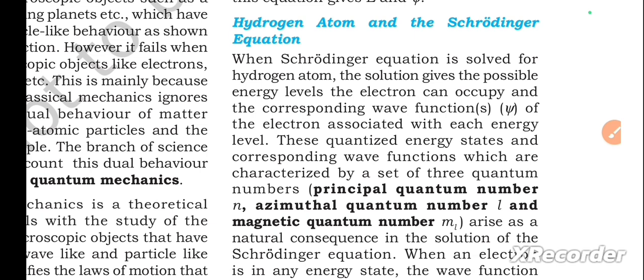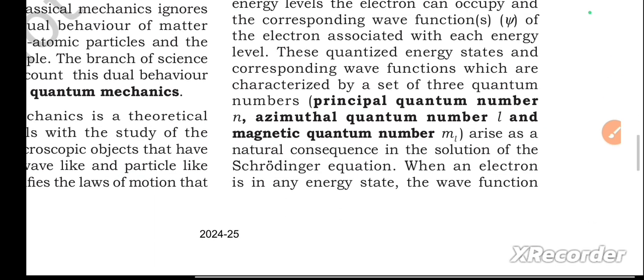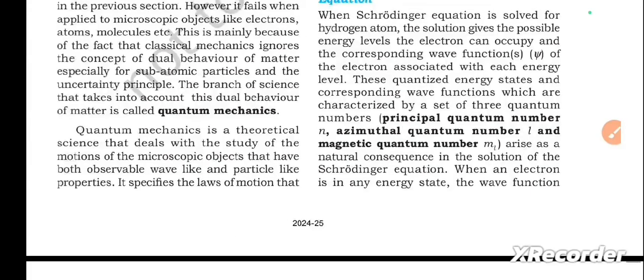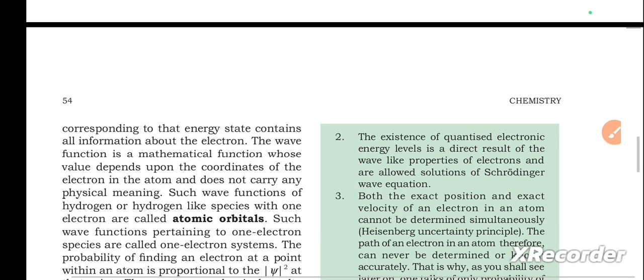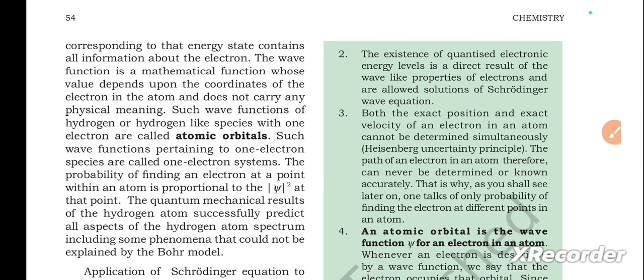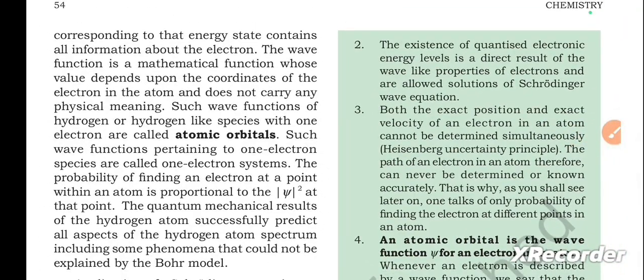These quantized energy states and corresponding wave functions, which are characterized by a set of three quantum numbers, principal quantum number n, azimuthal quantum number l, and magnetic quantum number ml, arise as a natural consequence in the solution of the Schrödinger equation. When an electron is in any energy state, the wave function corresponding to that energy state contains all information about the electron.